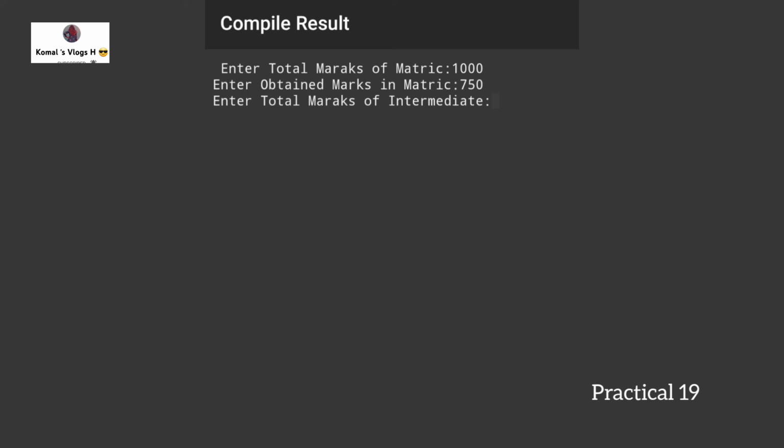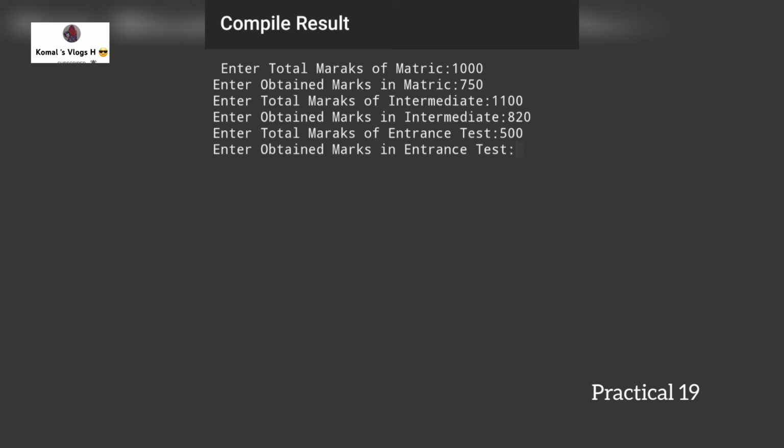Then total marks of intermediate is 1100, and obtained marks are, I think, 820, according to your practical book. I'm giving the same inputs. And total marks in entrance test 500, and 370 obtained marks in entrance.